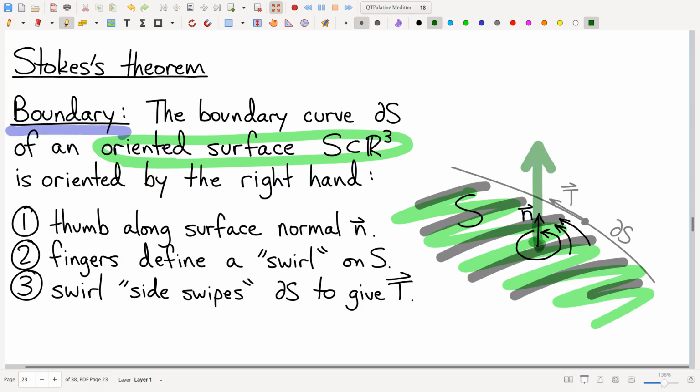And remember the way we orient a surface: when you're talking about flux integrals, an orientation means a choice of unit normal vector. So notice that's what I have here on the screen. We've got some surface here, and what I call the orientation of the surface is indicated by this unit normal vector.